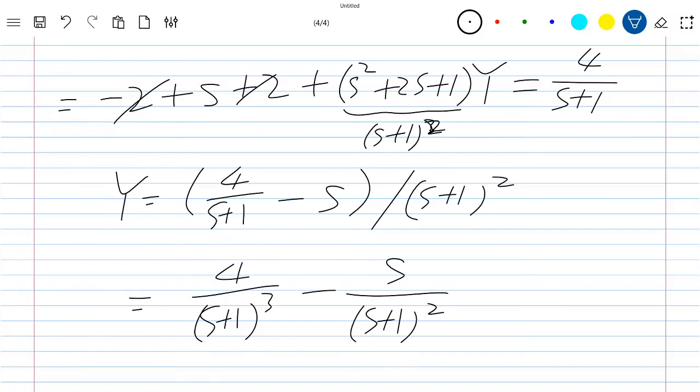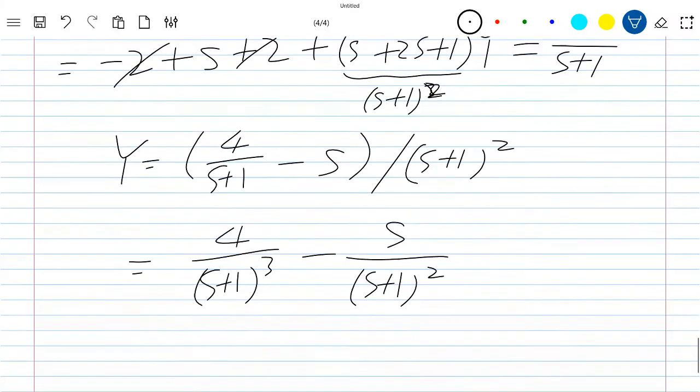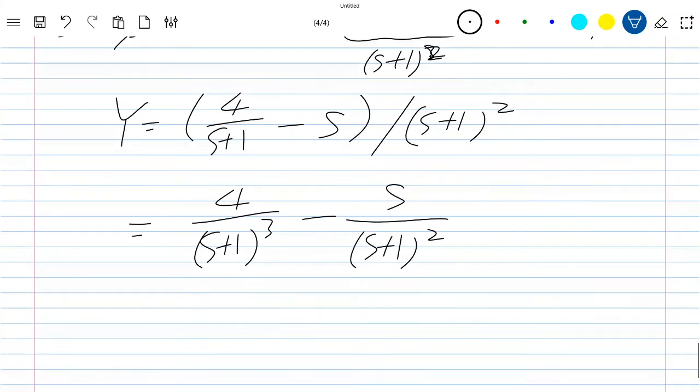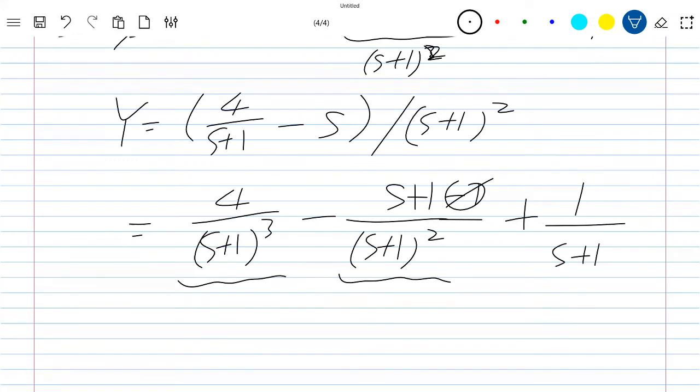Alright, what do we have for this one? Well, this is as simple as you can get, but this one is not yet, because the denominator is a power of a first order function, so you should split this into that, or you can pull this out and become plus, like that.